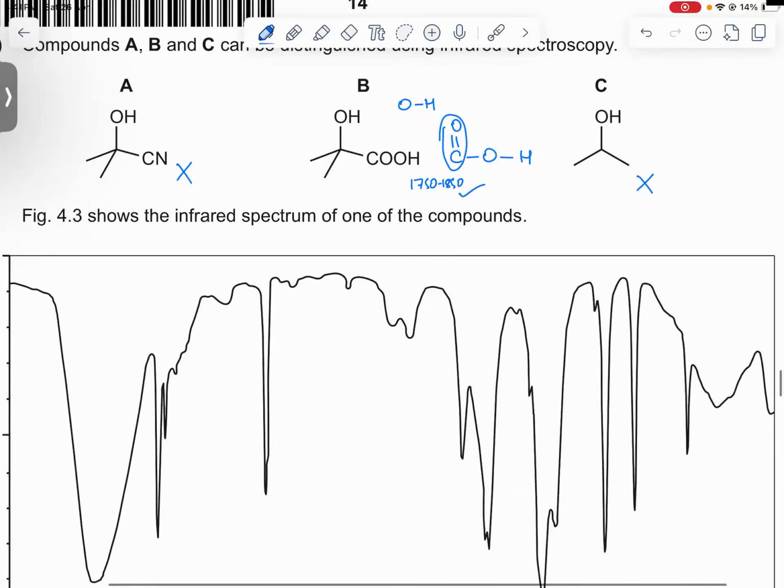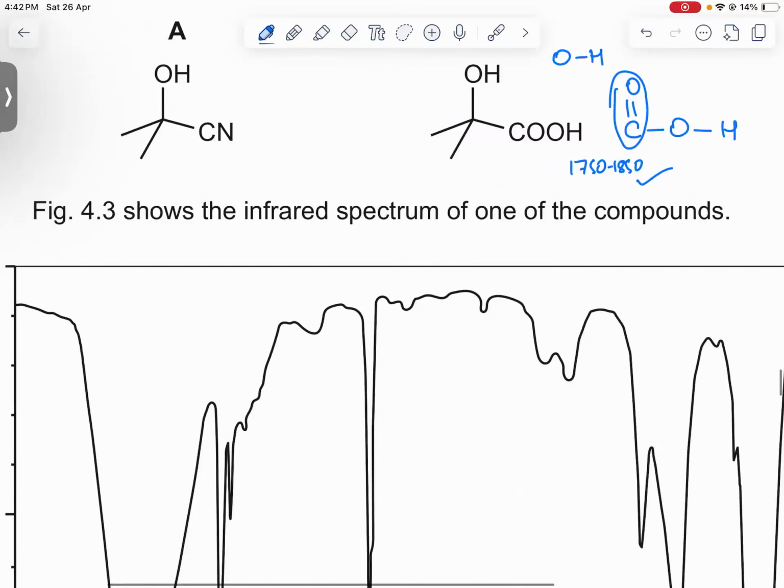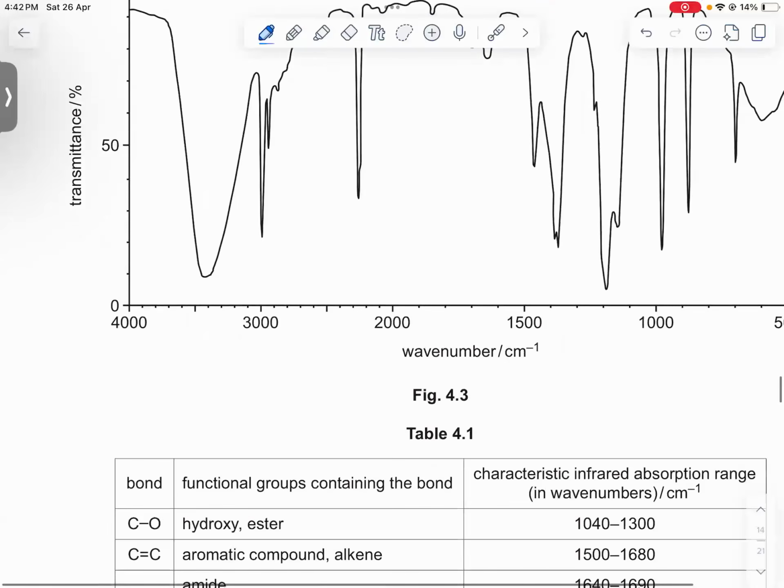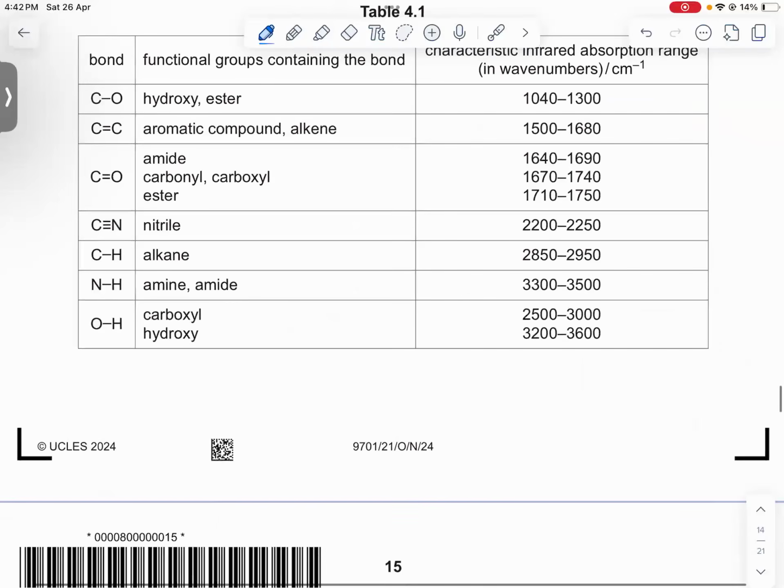And then the next thing that is different in A is that it contains the carbon triple bond nitrogen bond. Now we do not know this bond's frequency value, the wave number, but it gives us 2200 to 2250.